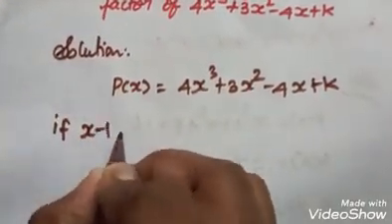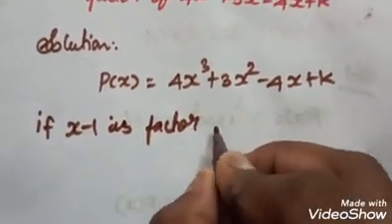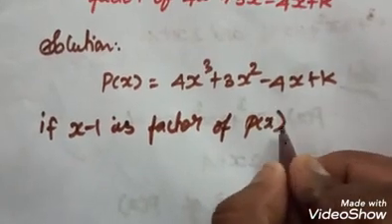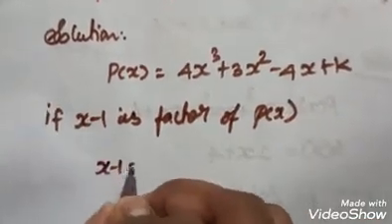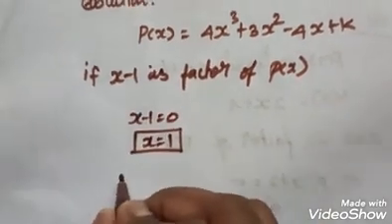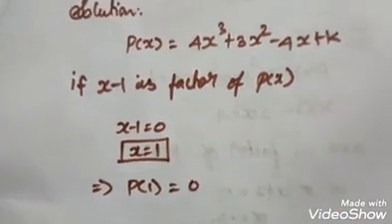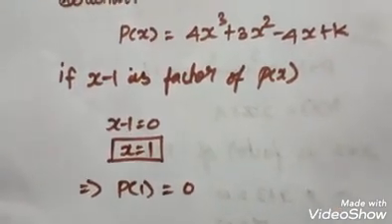If x minus 1 is a factor of p of x, x minus 1 equal to 0, x equal to 1, which implies p of 1 equals 0. Here we substitute 1 instead of x.